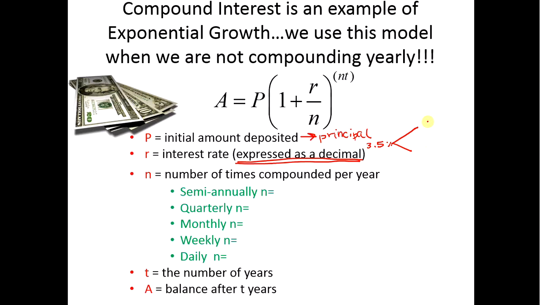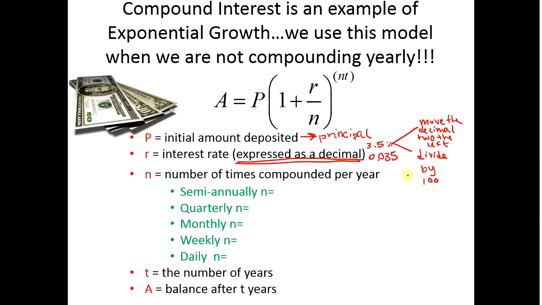Either you move the decimal 2 places to the left, or you divide by 100. Either way, you would get 0.035. Please make sure you get that as a decimal, otherwise it's going to be a lot more difficult for you to get these answers.